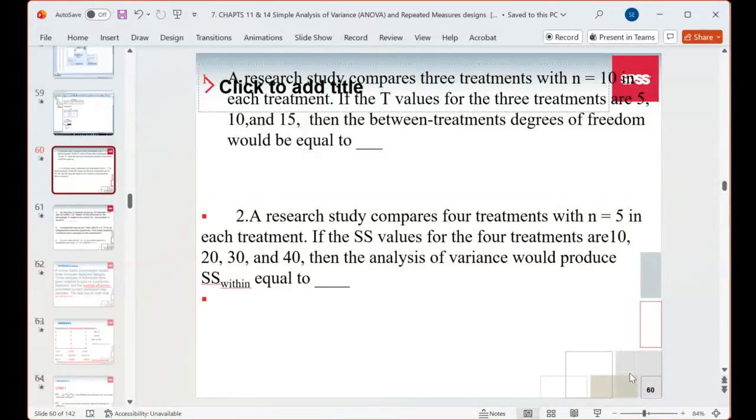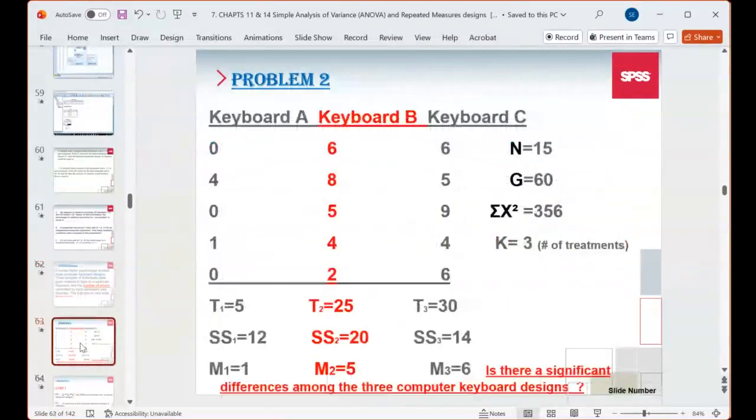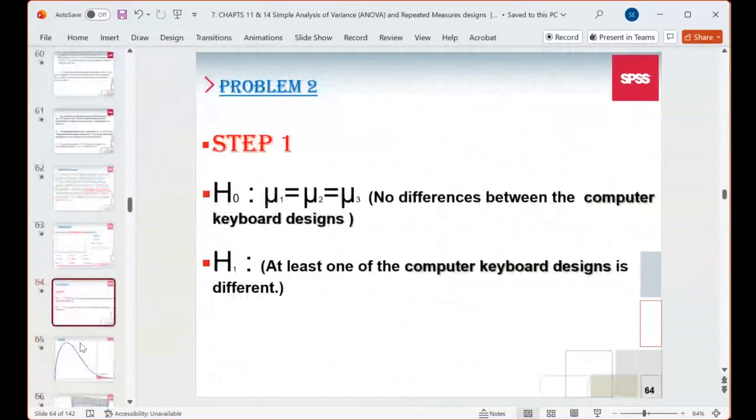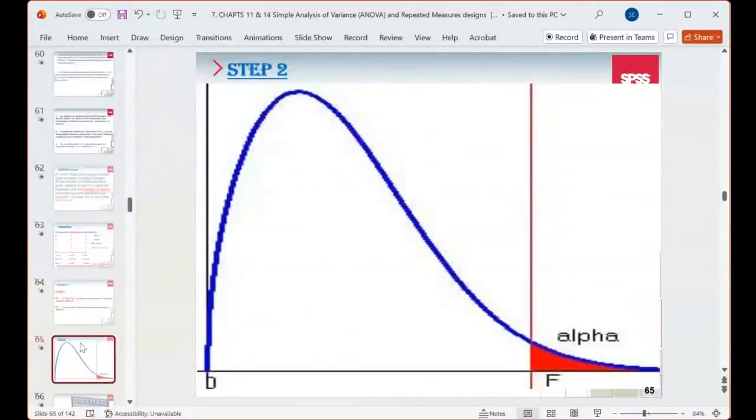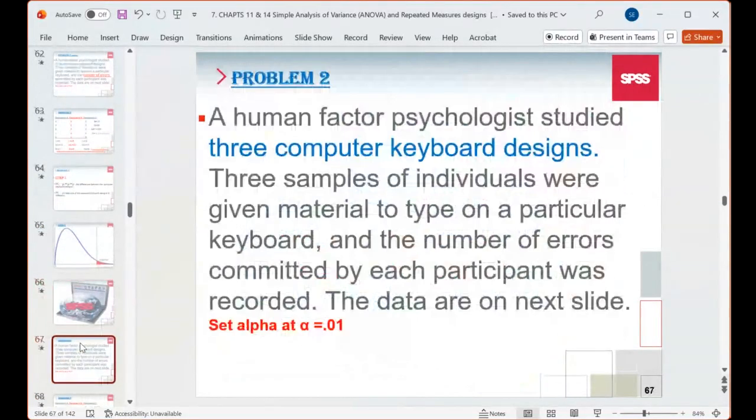You look at your formula page or slide, and SS within is the sum of SS. Add them up: 10 plus 20 plus 30 plus 40. That's the answer. So again, your last quiz will be just like that. It deals with those, and this will also be in your final exam.